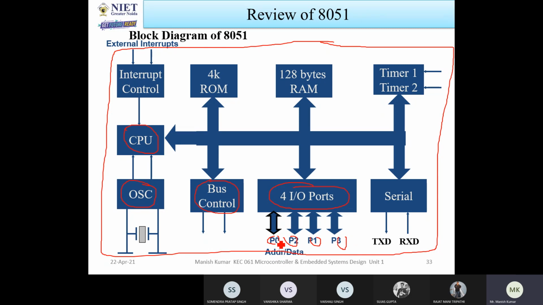This is not continuous, P0 to P1. Why? When you see the pin diagram, you can easily identify why the names are written like that. These pins are used either for sending the address or sending the data, or you can connect any input output devices.